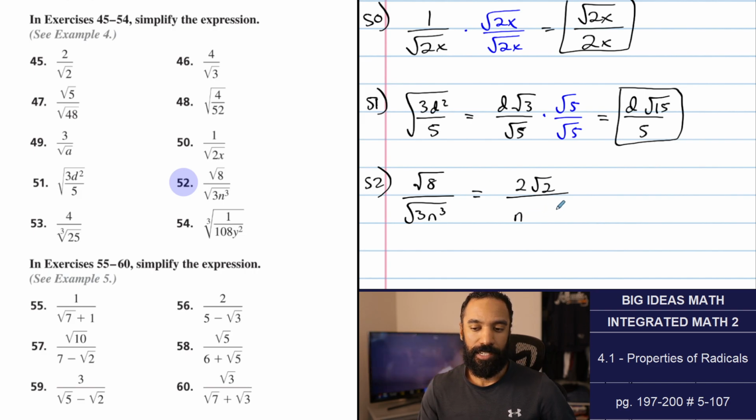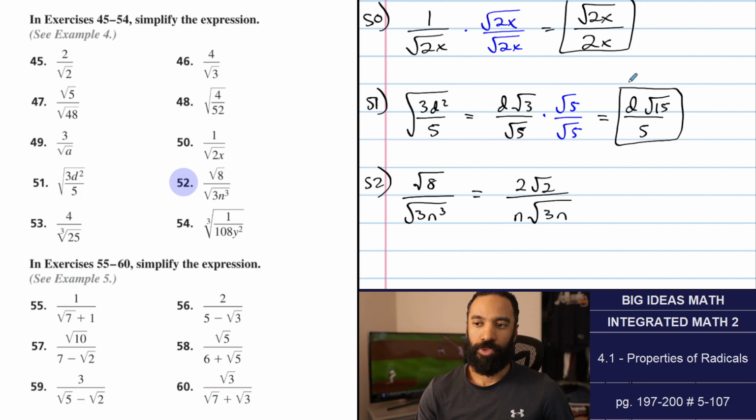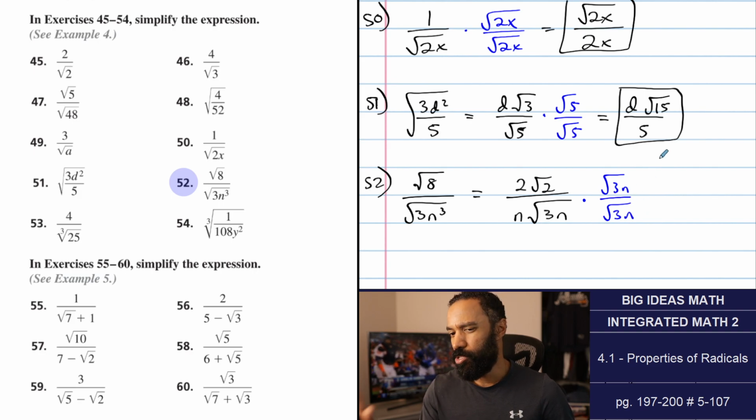You get n root n. N times the square root of n. That 3 is still inside that square root. So root n cubed is n root n, and root 3 remains inside with that. So let's rationalize this root 3n guy here. That's the part that matters. And like I said, I like simplifying the stuff on the bottom first to just make things smaller.